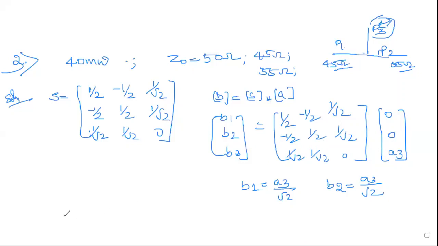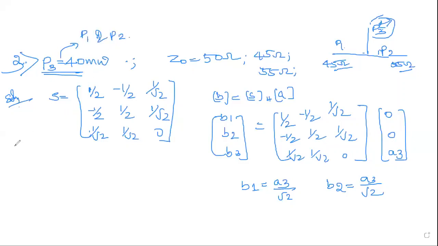Now, what is the input power being fed for port 3? This 40 milliwatt is the power which is being fed into your port 3. So this has to divide equally among your port 1 as well as your port 2.